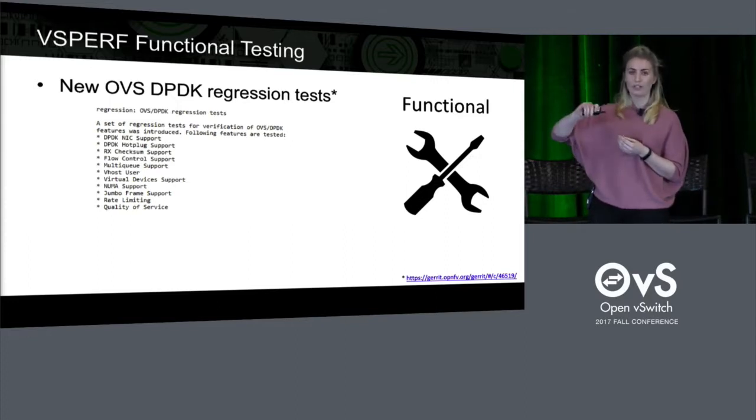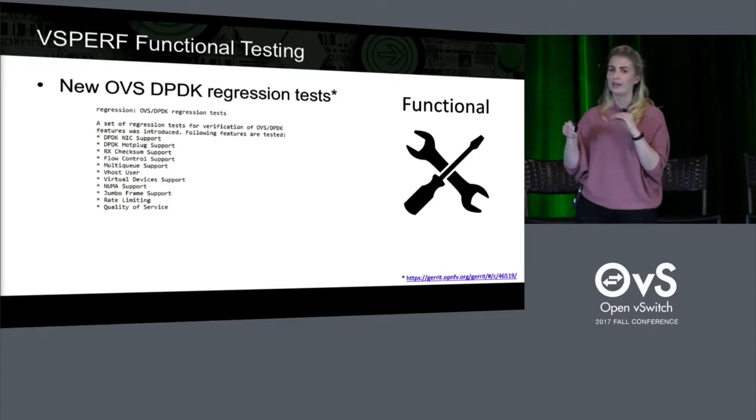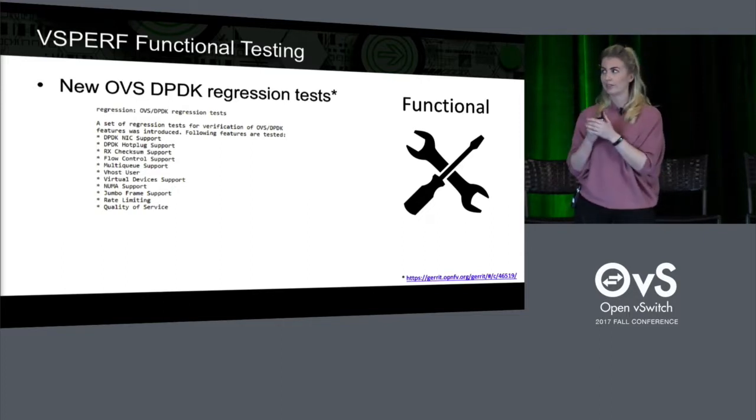There's 14 features listed there, and I think 59 tests among them. Basically, these tests validate specific functionality in OVS DPDK, things like port hot plug, jumbo frames, vhost user, NUMA awareness, vhost user multi-queue. There's a huge list of tests.